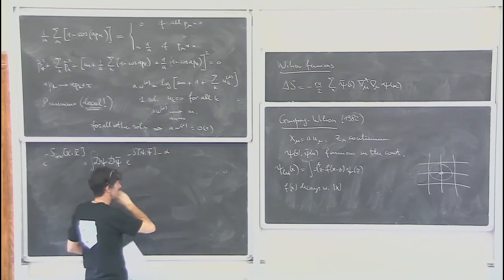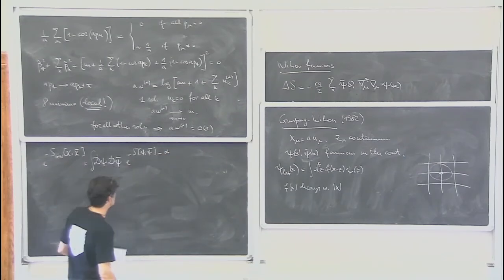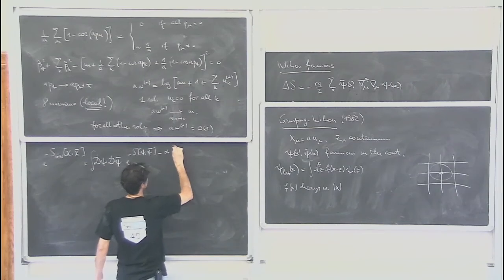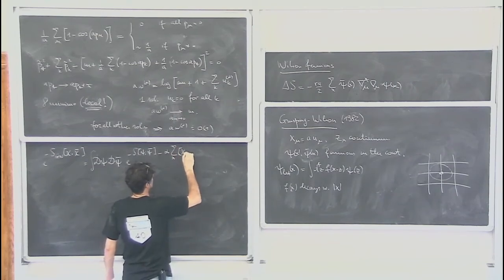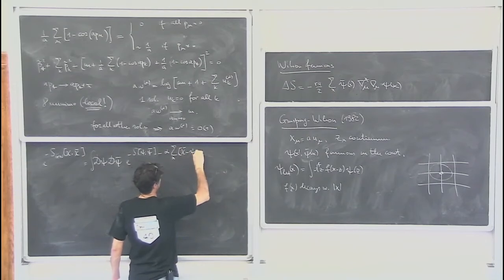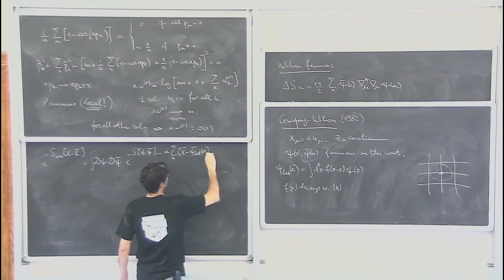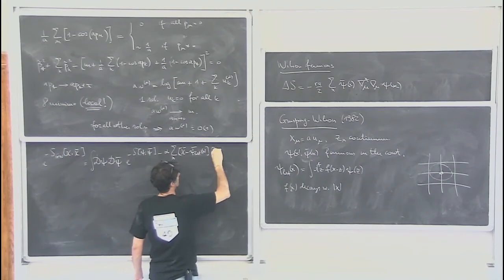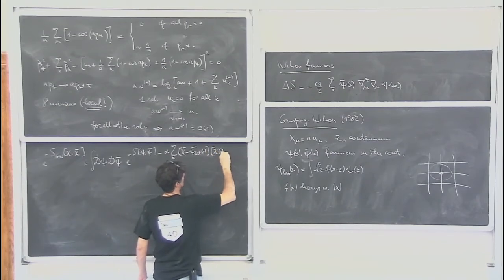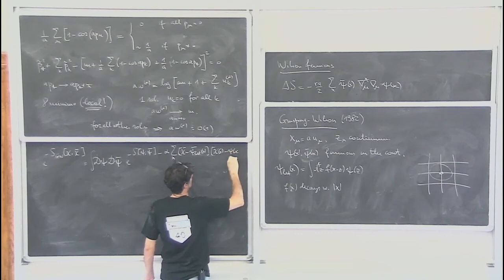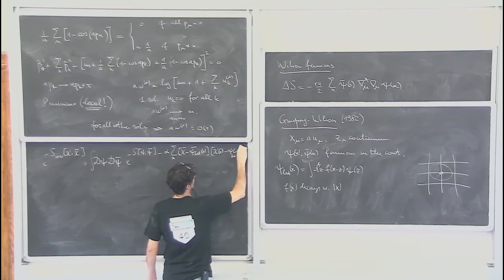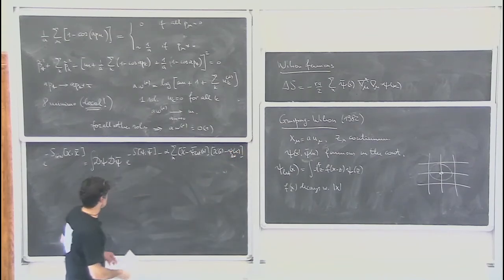So I'm going to introduce a parameter that I'm going to call alpha, and then the sum over x of chi bar minus psi lat bar, and these are all functions of x, of course, times chi of x minus psi lat of x. Okay?